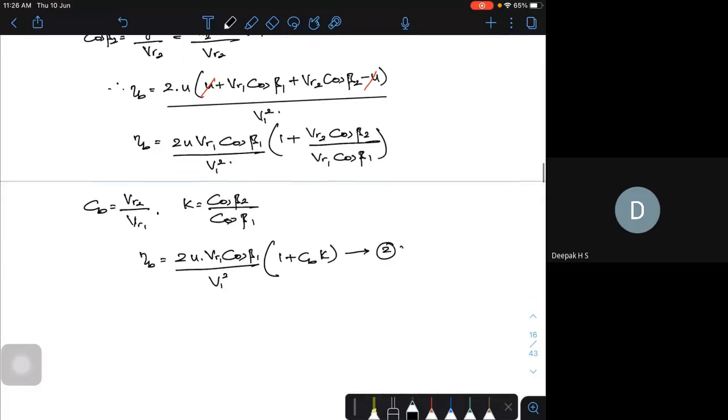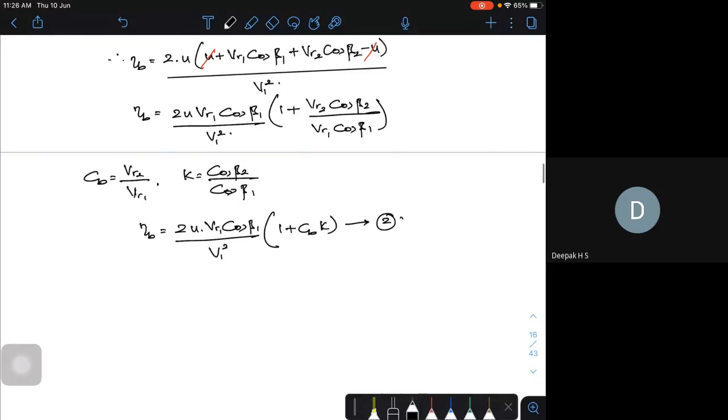Or we can define phi as u by V1. That is your speed ratio.